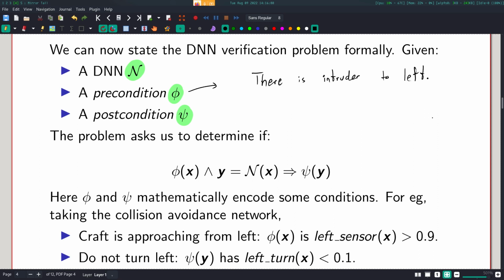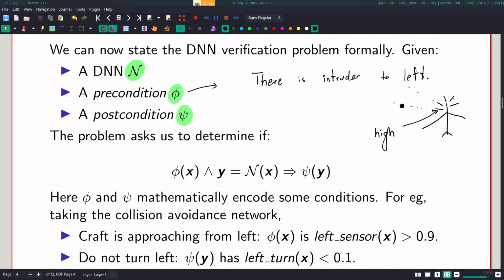So then maybe your aircraft is set up like this, where you have many different sensors which are sensing in these directions, right? So you have hard left, slightly to the left, forward, right, hard right, and so on. And each one of these sensors is going to give you some value depending upon how close this particular sensor thinks that there is an intruder, right? So if there's an intruder here, maybe we know that this particular sensor is going to give you some high value, right?